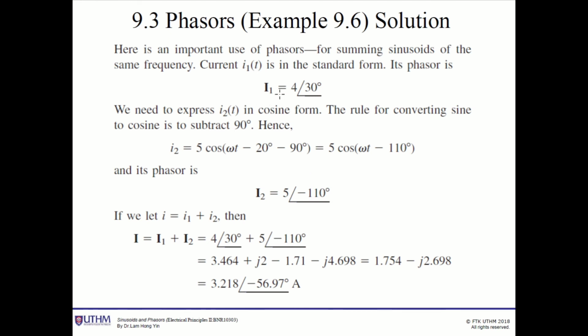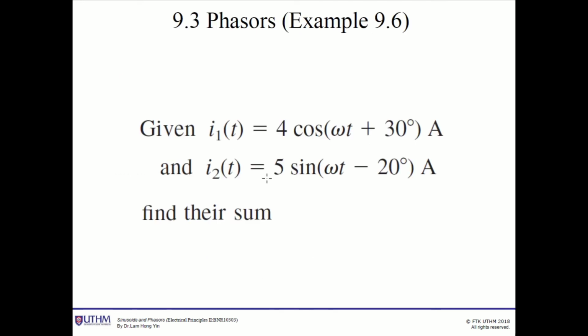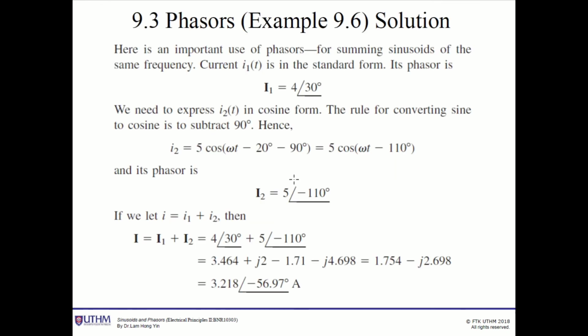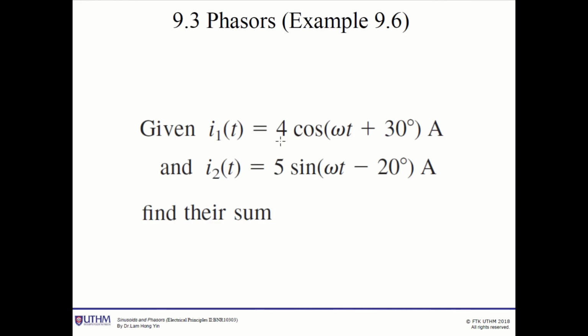The first thing you need to do is to change the time domain representation of these two equations into phasor domain representation. So I1 is equal to 4∠30 degrees. We got the magnitude here and the phase over here.